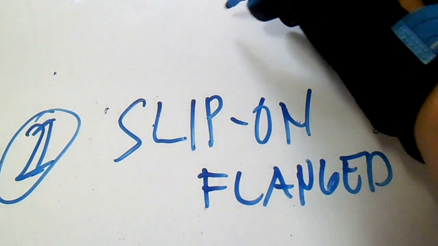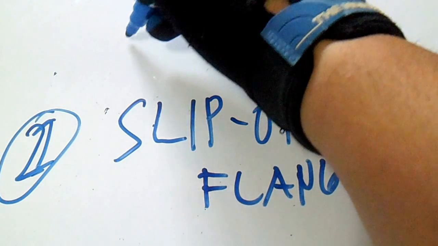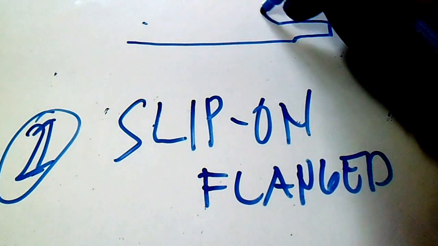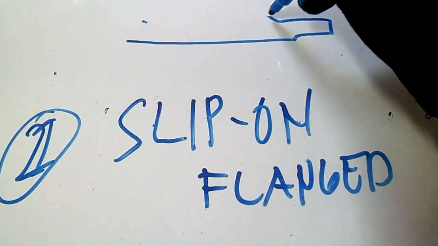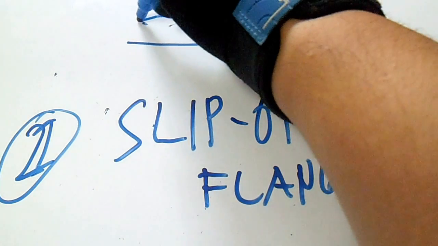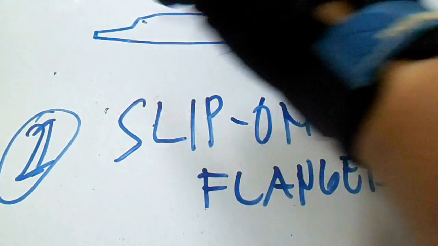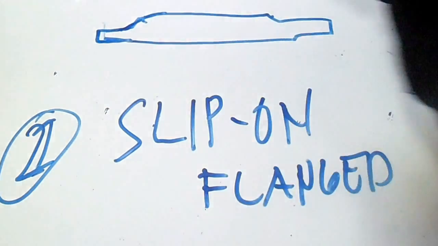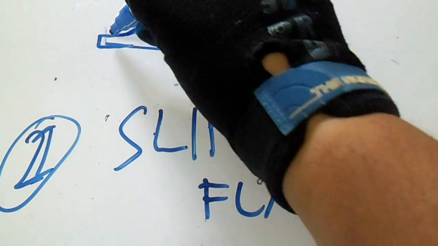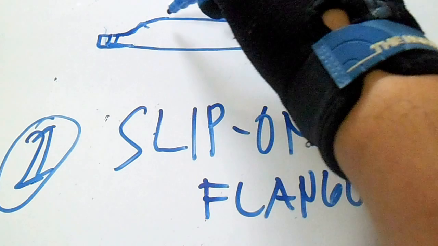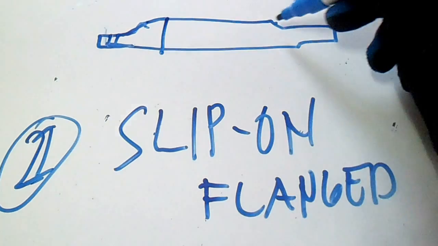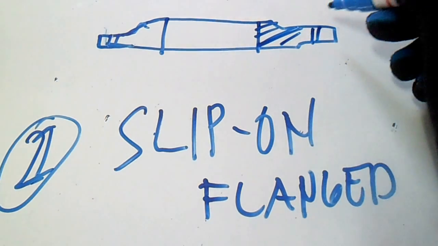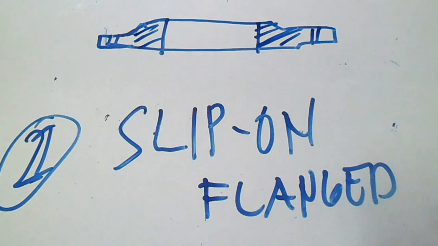And also the drawing, I will draw here the slip on flange. So this is a slip-on flange. My drawing is not good, but this is the symbol of slip-on flanges.